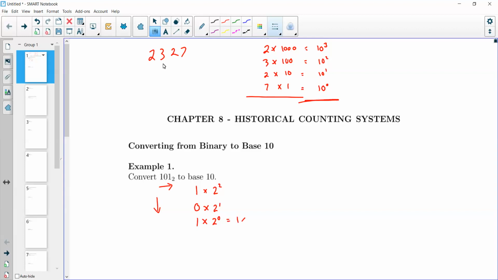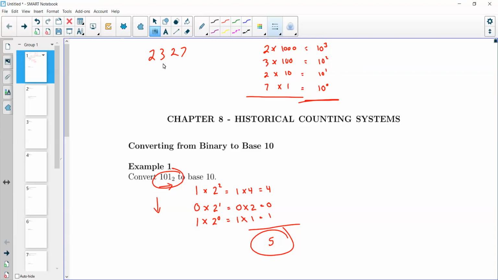So this is 1 times, and 2 to the 0 power is simply 1. This is 0 times 2 to the first power, which is 2. And this is 1 times 2 to the second power, which is 4. So now we can do our multiplication. Add it up, and this in base 2 is 5 in base 10.